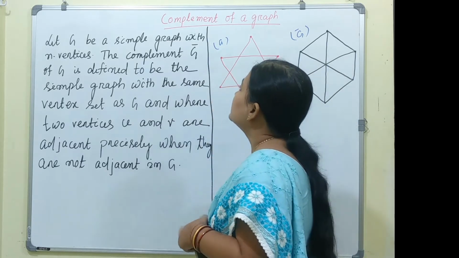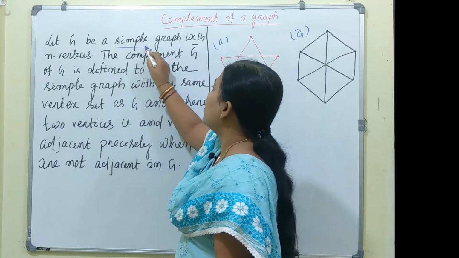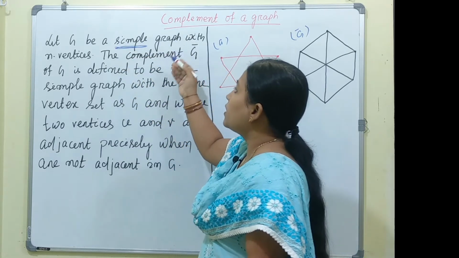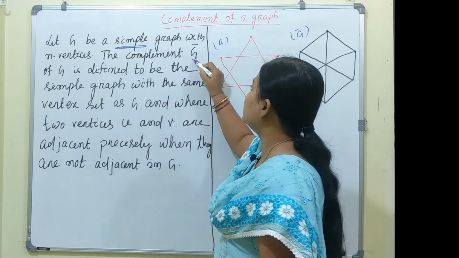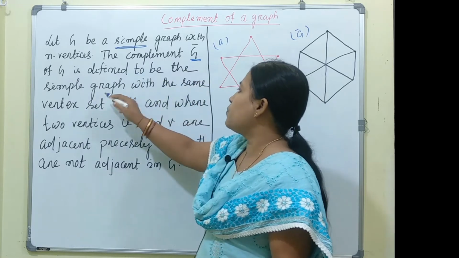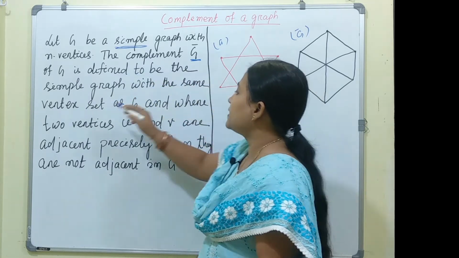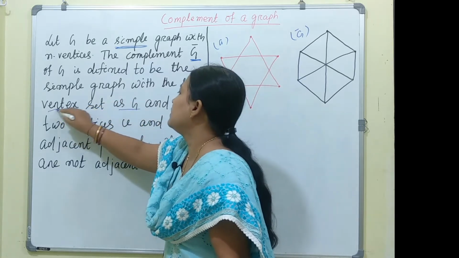Let G be a simple graph with n vertices. The complement G bar of G is defined to be a simple graph with the same vertex set as G. Same vertex set.